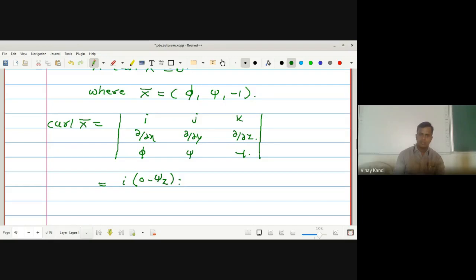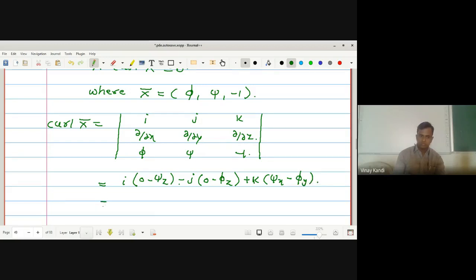Minus j into dou by dou x of minus 1, which is 0, minus dou by dou z of phi, which is phi z. Plus k into dou by dou x of psi, which is psi x, minus dou by dou y of phi, which is phi y. Any doubt up to here?